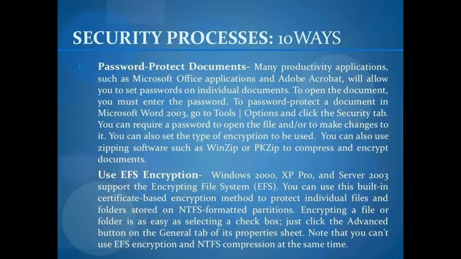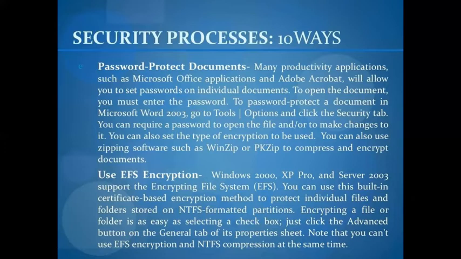Then, in the security process, the next method is to protect documents. Many productivity applications, such as Microsoft Office applications and Adobe Acrobat, let you set a password on an individual document. To open the document, you must enter this password.